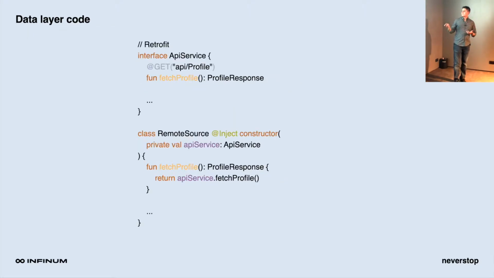So let me start from the beginning here. Let's suppose that I have an API service, and I have some API call to fetch profile. It has a profile response, and then I will wrap that API service into a source to hide the details of the API. So I will only use the source class to communicate with the domain layer.